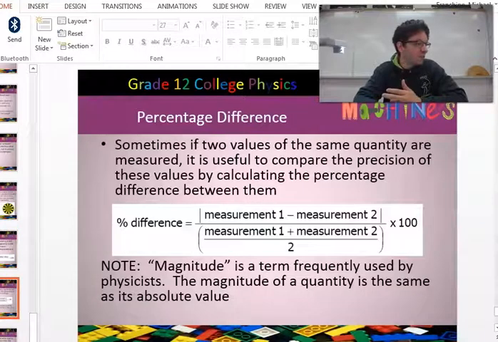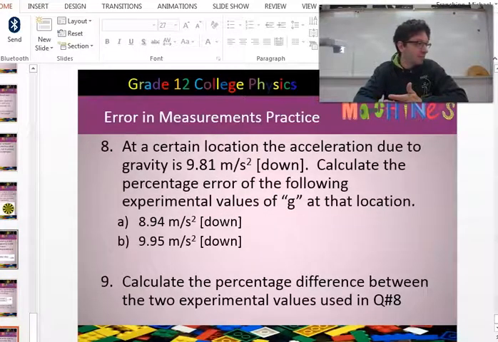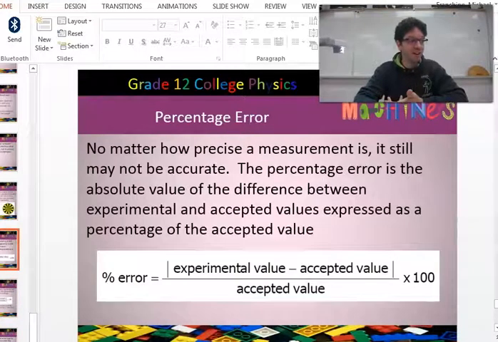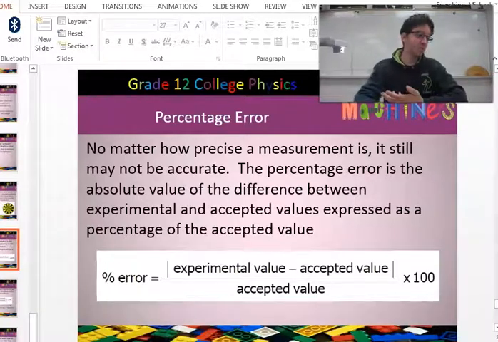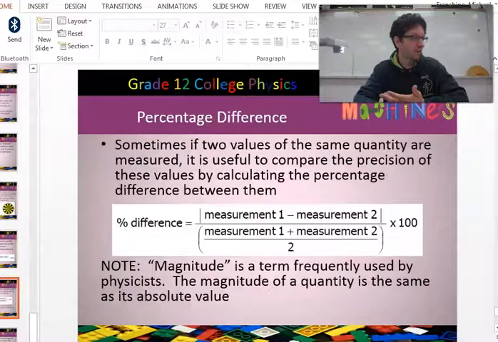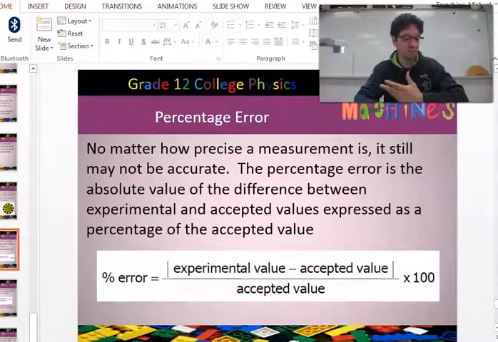Okay, now when we do an experiment, we have two ways of measuring error. It depends what you're measuring error to. Are you measuring error to some sort of theoretical accepted value, or are you measuring the difference between your measured value and, say, someone else's measured value? Okay, if you're measuring error to some theoretical value, we call this percentage error.